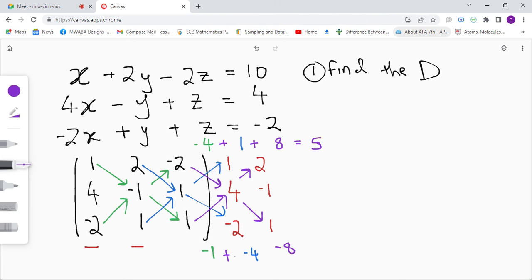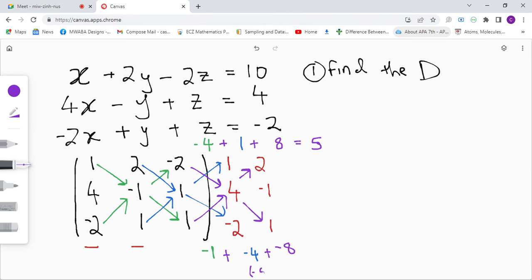We do the same to the numbers below. Negative 1 plus negative 4. Positive and negative make negative, so it's like negative 1 minus 4, we get negative 5. Negative 5 plus negative 8, again positive and negative make negative.